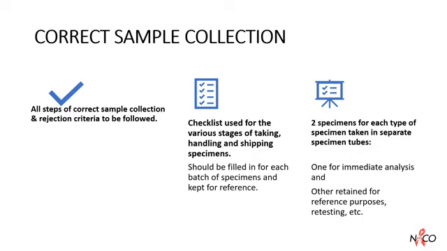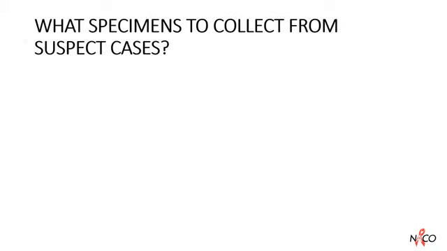This should be filled in for each batch of specimen and kept for reference. For each type of specimen, two samples should be taken in two separate tubes on each occasion that sampling is undertaken. One sample can be used for immediate analysis, the other retained for reference purpose or retesting.